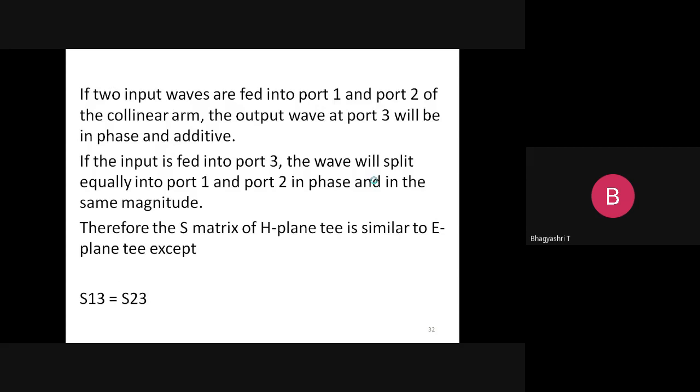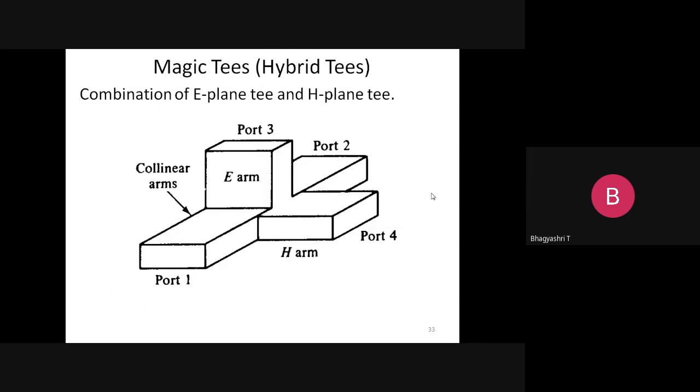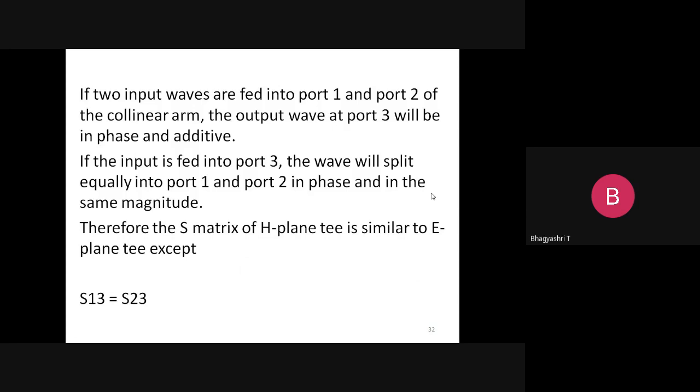So the same properties we can use in the H-plane T. Only one change is there: S13 is equal to S23. Please find the S matrix. This is a homework for you.